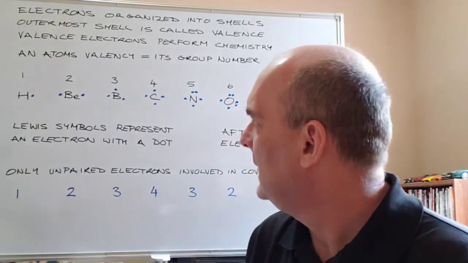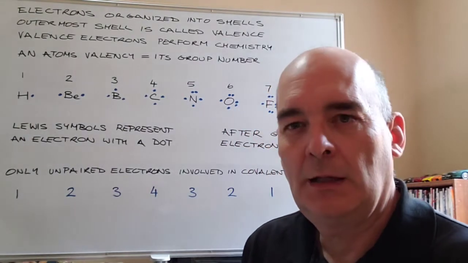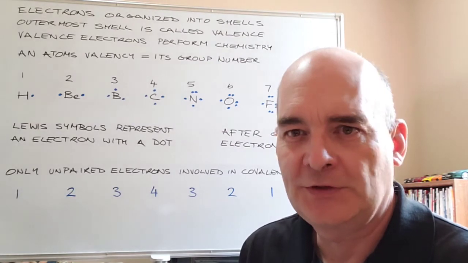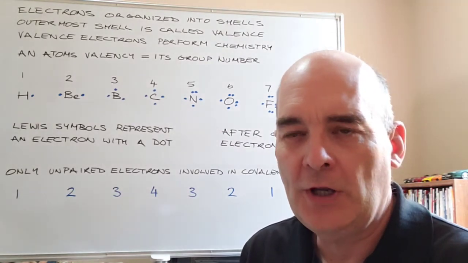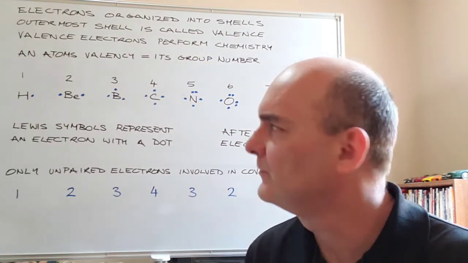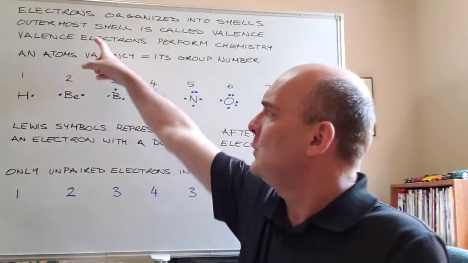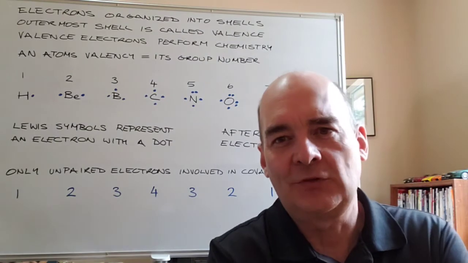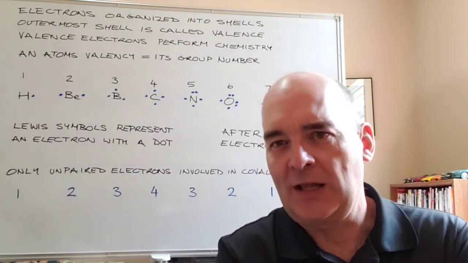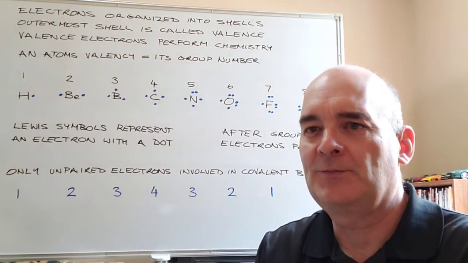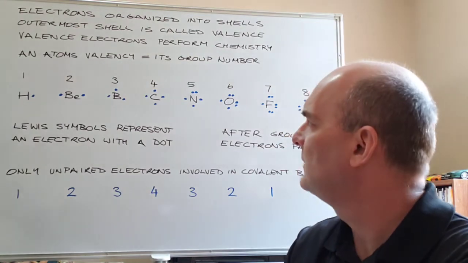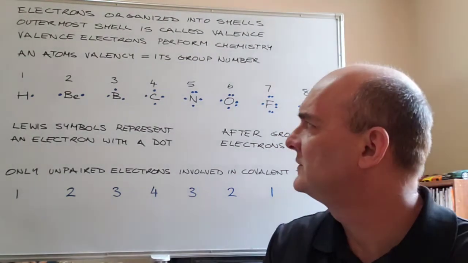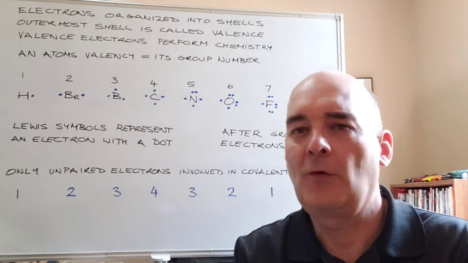And what this tells us is that electrons, who are responsible for chemistry, are organized into shells. And it's only the outermost shell that performs the chemistry. That outermost shell, the very outside of the atom, is called the valence. And it's only valence electrons that perform chemistry.